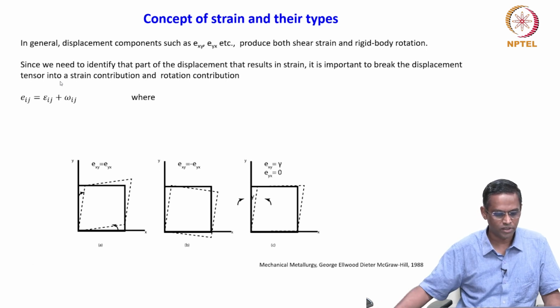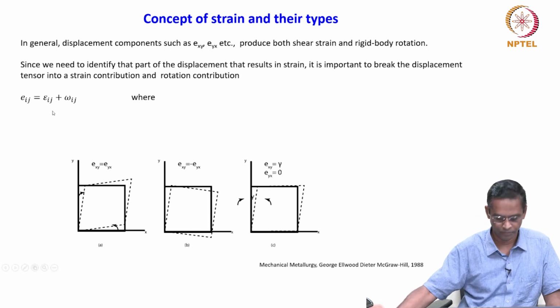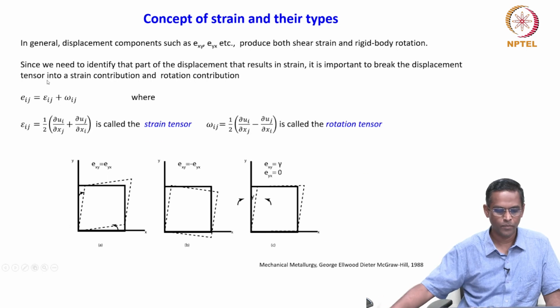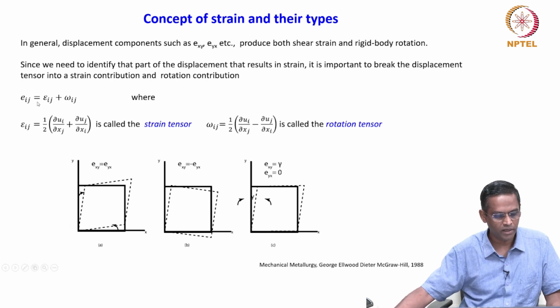So this is a notation here. Eij is equal to epsilon ij plus omega ij, where epsilon ij is equal to half dou ui by dou xj plus dou uj by dou xi, called the strain tensor.